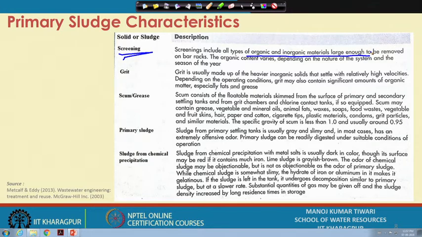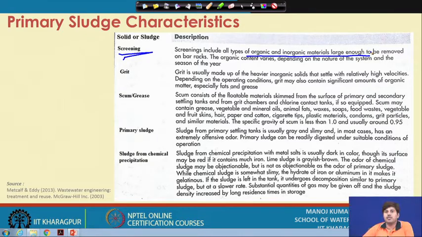So, the organic content varies because we never know what is coming in the floating material, whether they are leaves, cloths, wood pieces, polythenes, or paper. There could be various non-organic stuff as well.